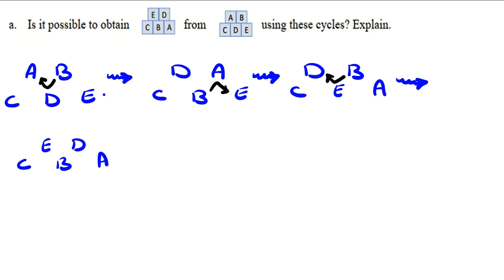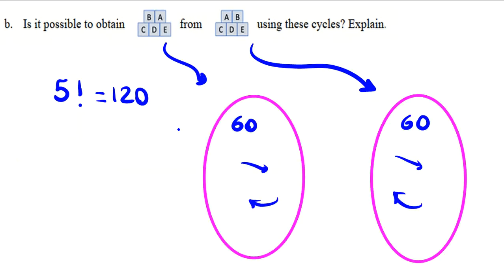We've proved the first part with an example, but the second part, part B, is harder. You should prove that it is impossible. Let me give you a hint. If we want to count all the arrangements, there are 5 factorial, which is 120. 120 is all of the arrangements, and we can prove that from A, B, C, D, E, you can go through 60 arrangements, but BACDE is in another 60 arrangements.